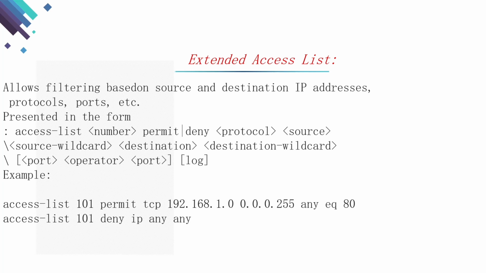In this way we are configuring the number method. So when you type 101, the router knows it's an extended access list. Then you put permit or deny, the protocol TCP, the source or destination, and after that the port and the port number. Now let's go to the configuration and show you the difference between the number and named method.